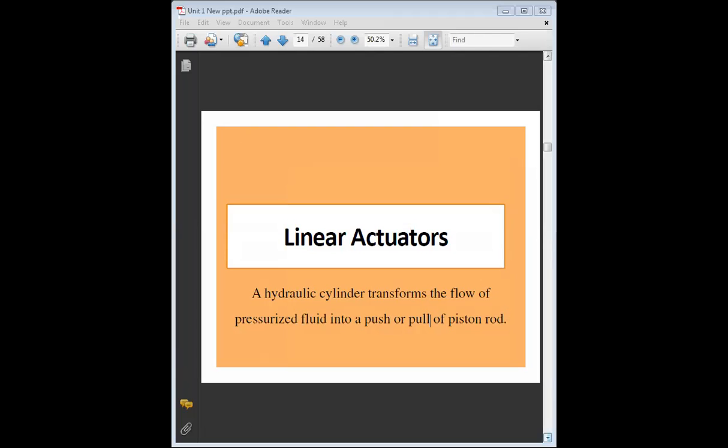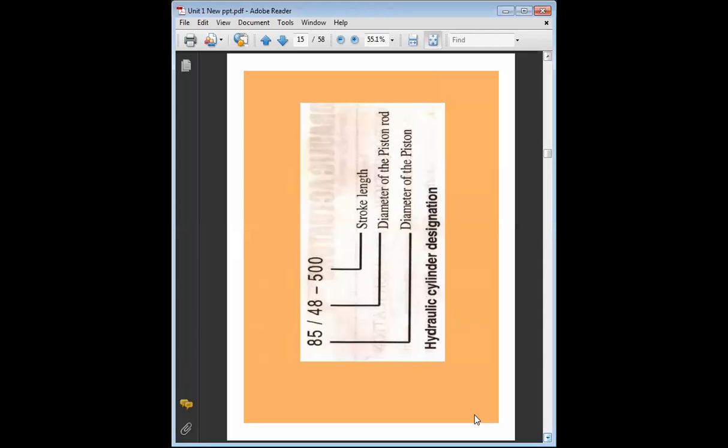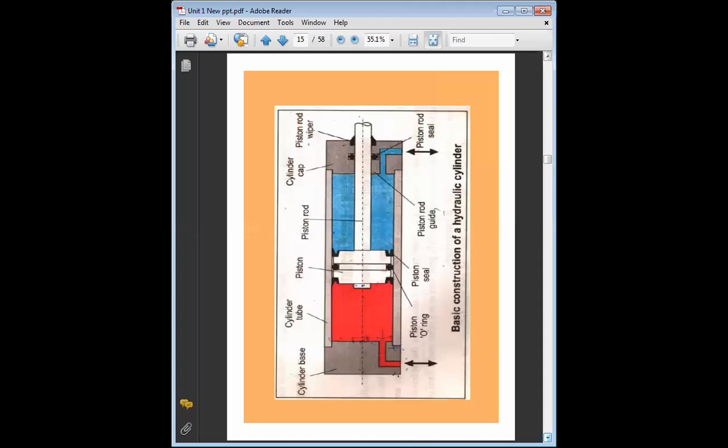Okay. So we have seen the classification.